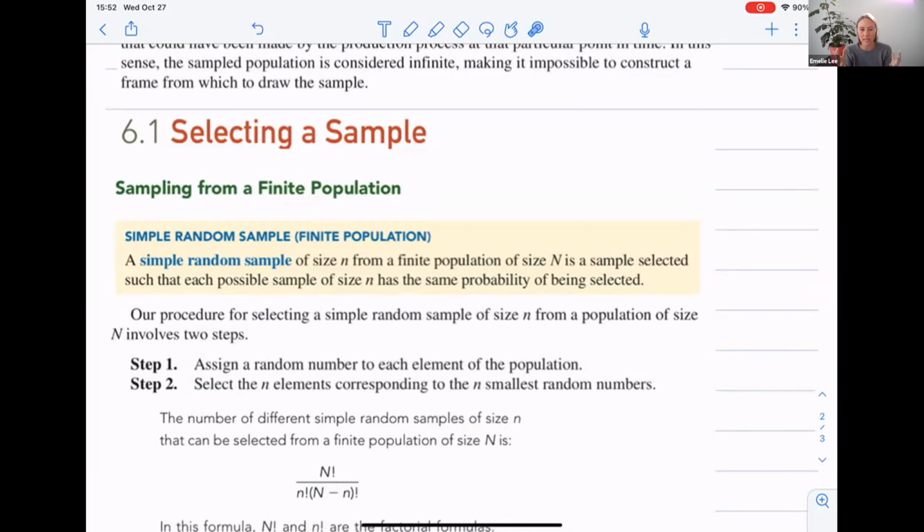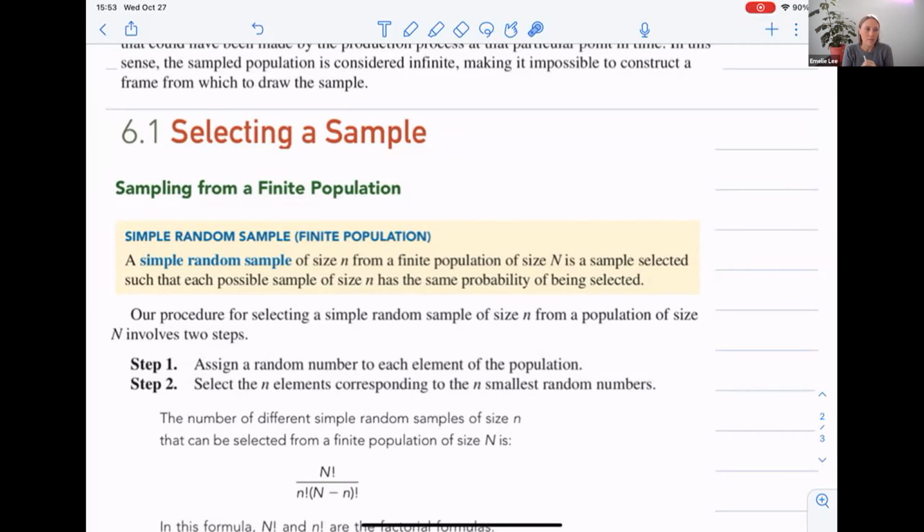Whereas if we're looking at Canada, even if we're able to collect information on every citizen of Canada at one point in time, that seems kind of unrealistic, right? Making me think that it's an infinite population, just because there are births and there are deaths and there's changes all the time, and so to me that feels like an infinite population.